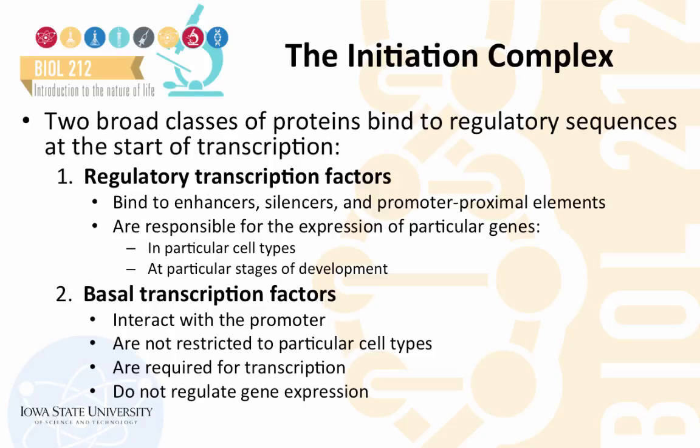The second class of proteins are called basal transcription factors. These interact with the promoter, are not restricted to particular cell types, are required for transcription, and do not regulate gene expression, meaning that they are necessary just for transcription to begin, not to either increase or decrease the level of transcription.